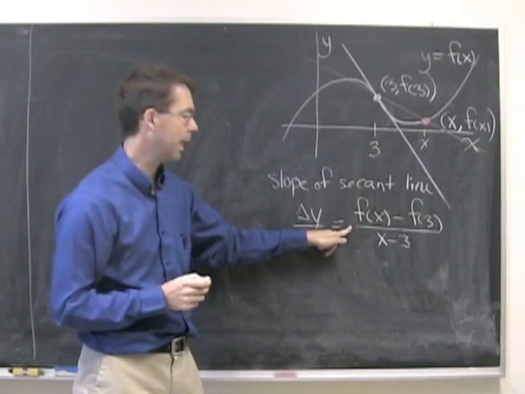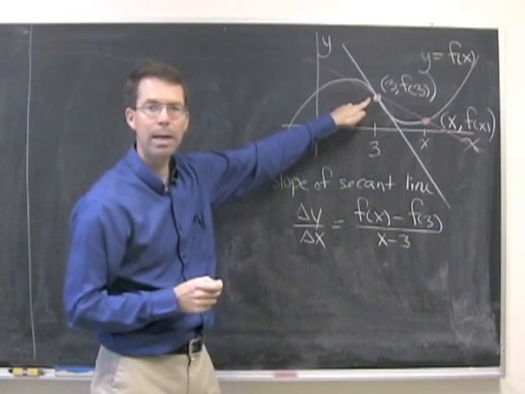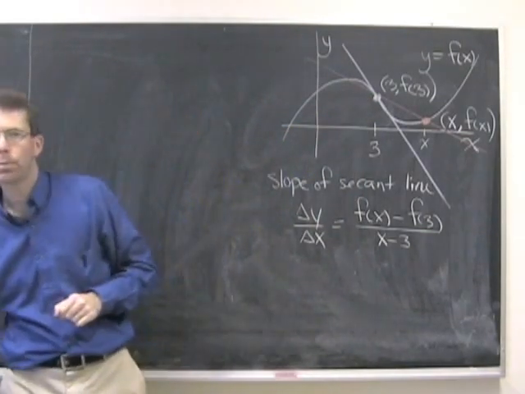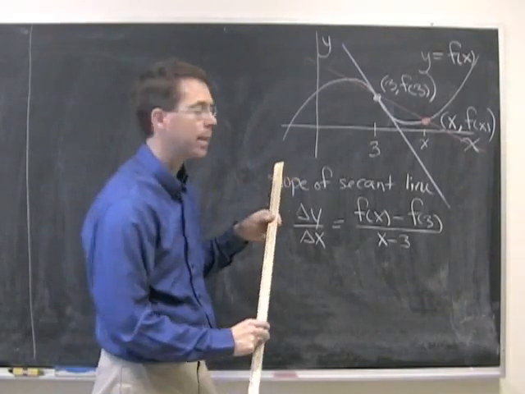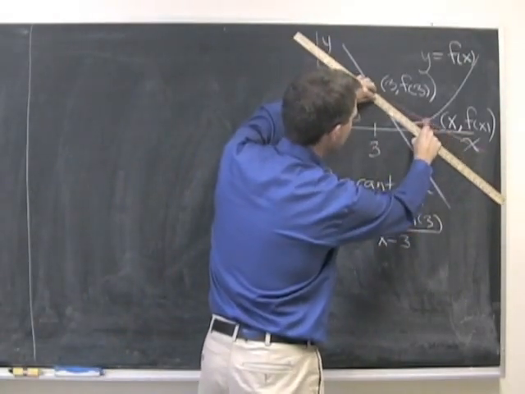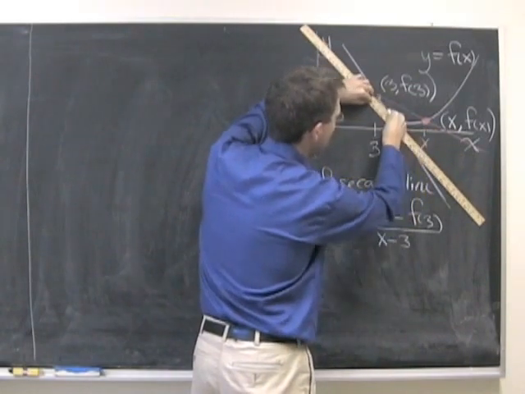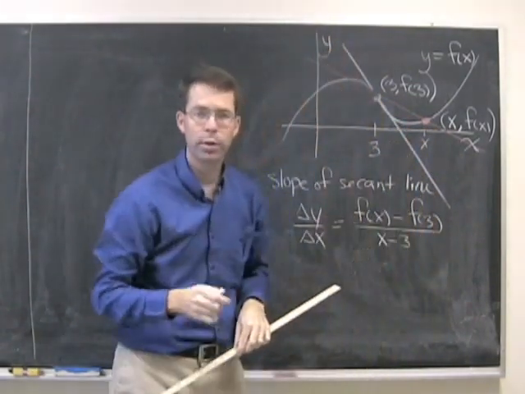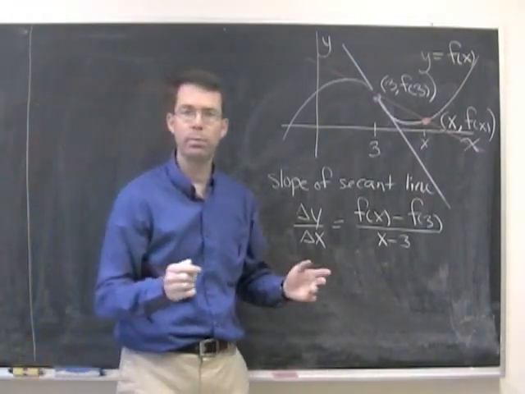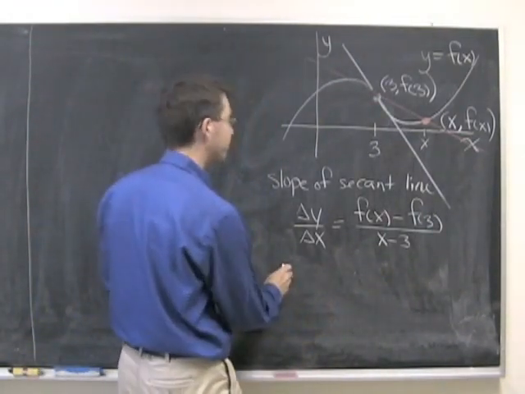This is the slope of the secant line. If I'm interested in finding the slope of the tangent line, I need to imagine that second point gets closer and closer and closer to the first point, and the limit gives me the slope of my tangent line.